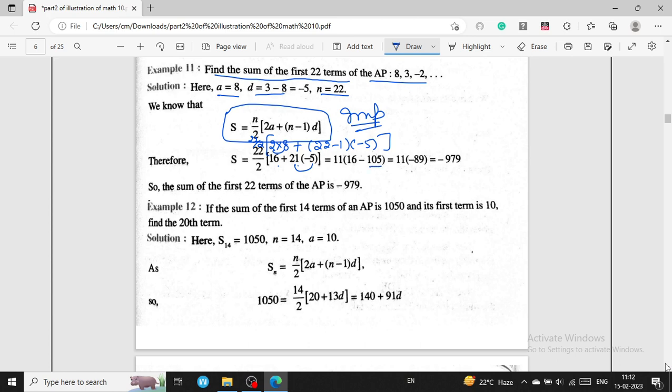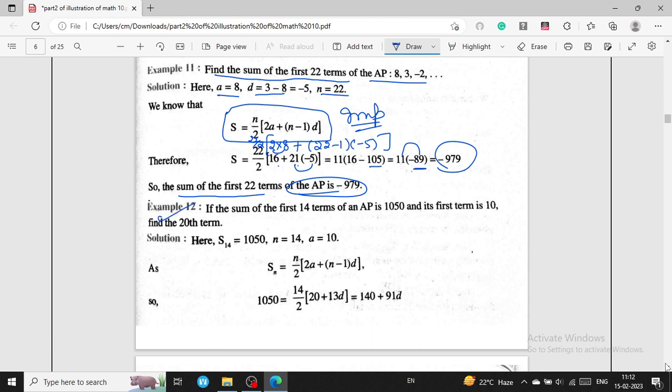Minus 105 plus 16, we get minus 89. And now you have to multiply 89 with 11, then you can find minus 979. Now you can say that the sum of the first 22 terms will be minus 979.